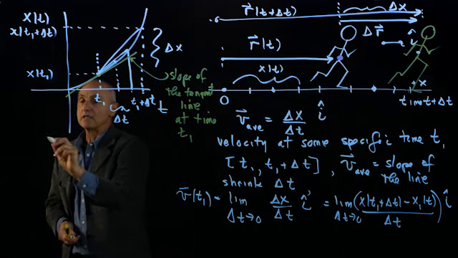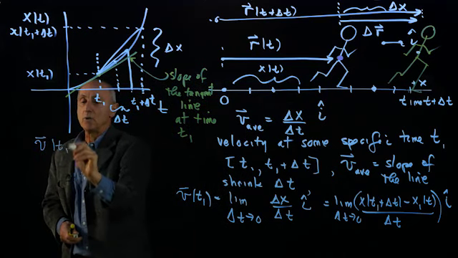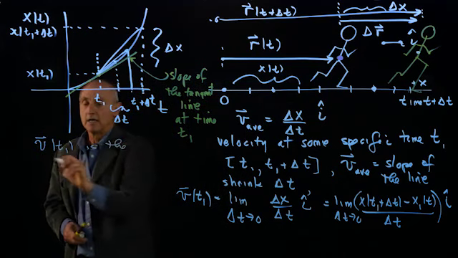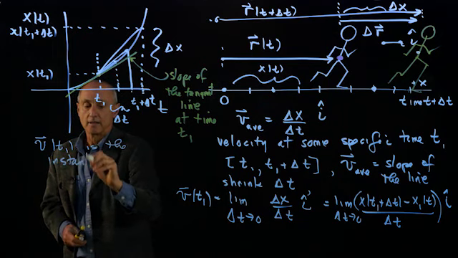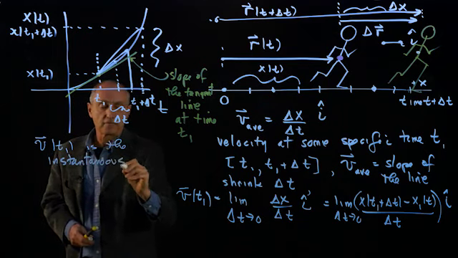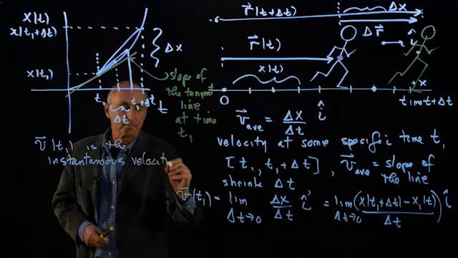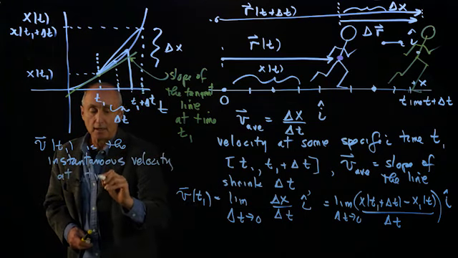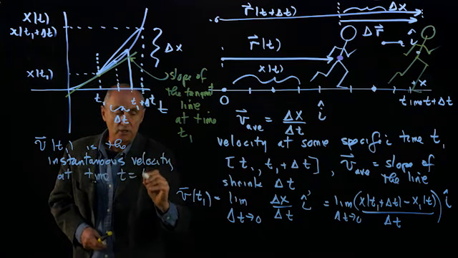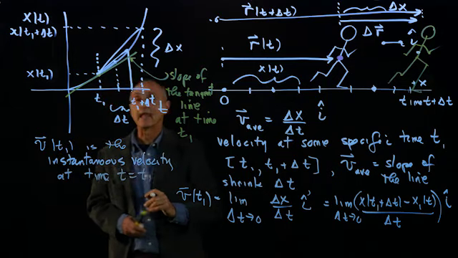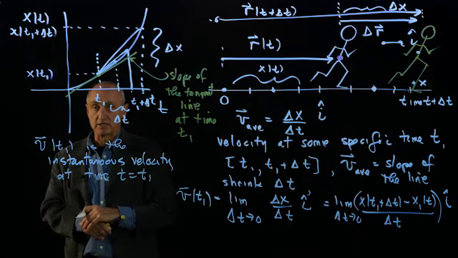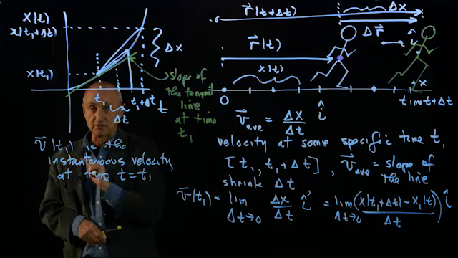And so what we say is v of t1 is the instantaneous velocity at time t equals t1. And that's how we describe instantaneous velocity at some specific time.